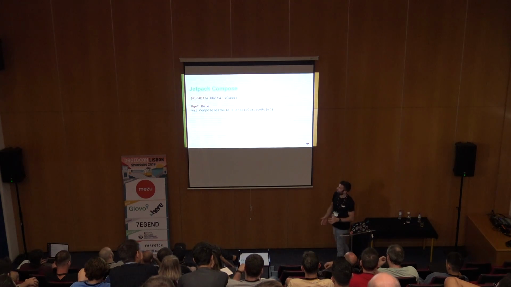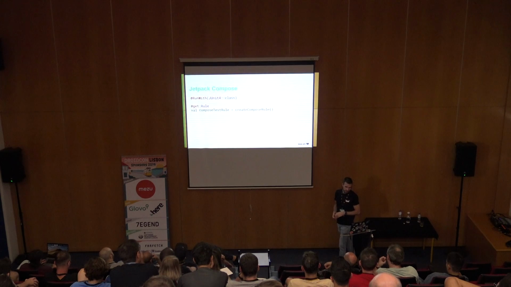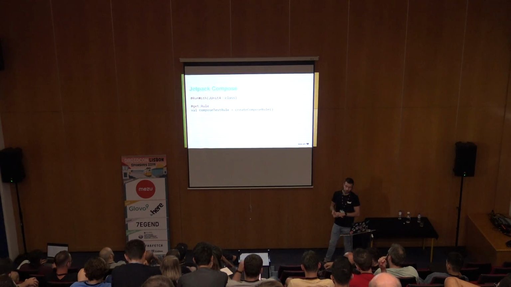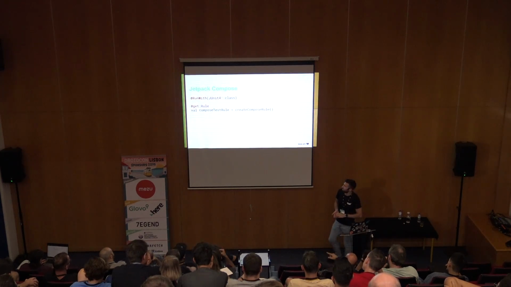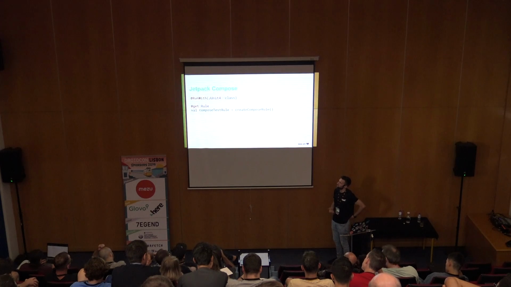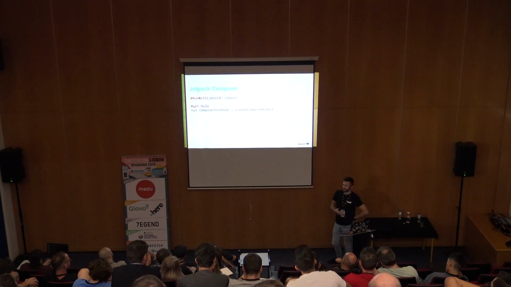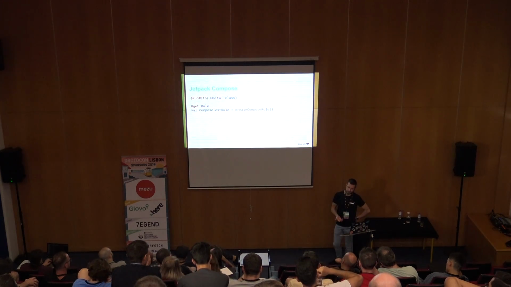So, something about testing. A big concern around the community is how we're going to test those composable functions. For now, all the tests are run with JUnit 4, and since the composable function has no return type, you need something else to make some tests.